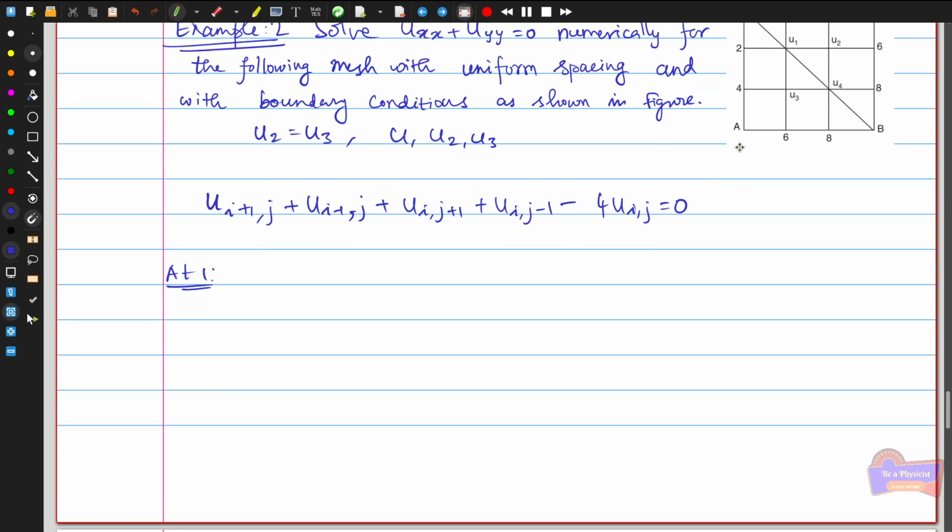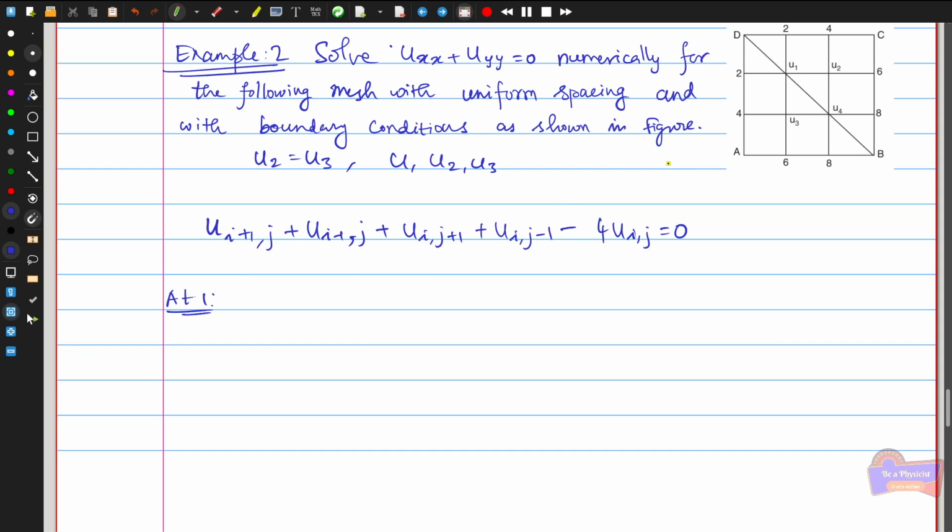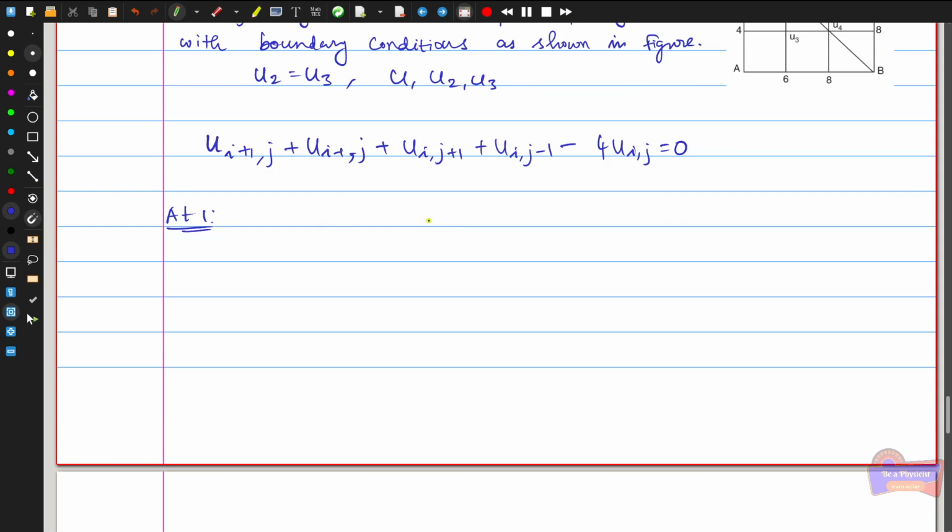That means at u1, the point values are given here. Substituting these points in this equation, I get u2 plus 2 plus 2 plus u3 minus 4 times u1, which is equal to 0. Or I can rearrange this equation as minus 2u1 plus u2, which is equal to minus 2.